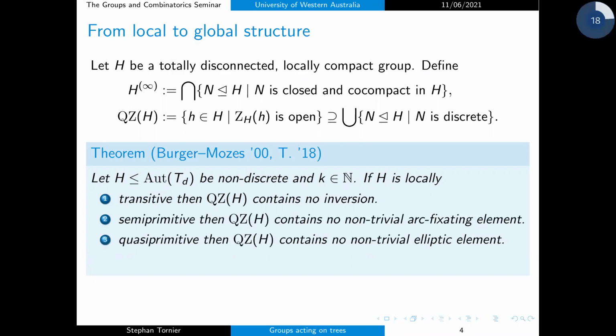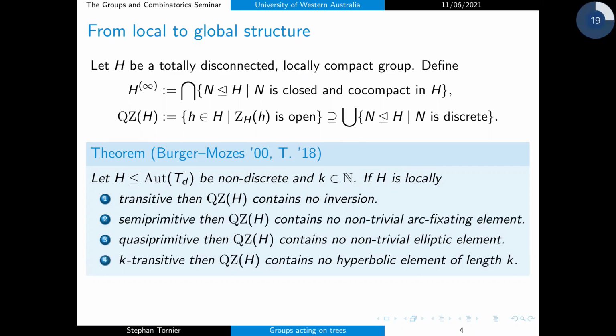If it's quasi-primitive, it can't even contain anything that fixes a vertex. And if it's k-transitive, then it can't have translations of length up to k. So again, the philosophy is I have a local assumption and I have a global outcome. All right, so that's from local to global structure.